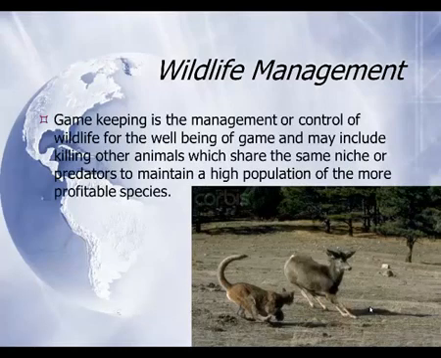Gamekeeping is the management or control of wildlife for the well-being of game, and it may include killing other animals which share the same niche or the predators to maintain a high population of a more profitable species. So an example of this. For a long time in the United States, we killed predators like mountain lions and wolves.